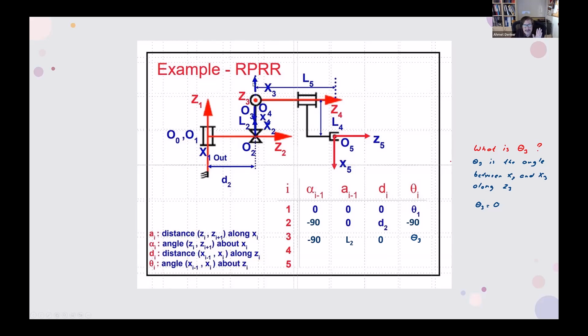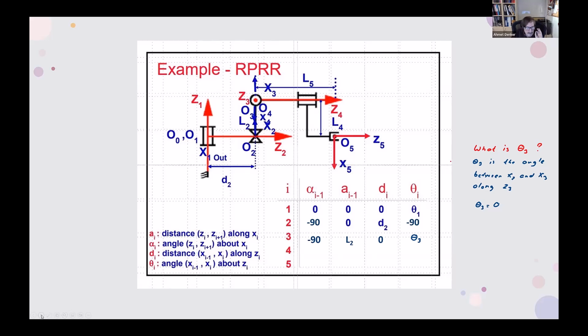But since they both are lying on this paper, they have no component in the z direction. So there is no distance along z3. Therefore, it is 0. So we can see it both ways. Since this is not a prismatic joint, it is 0, or we can use the definition here and again see that it is 0.